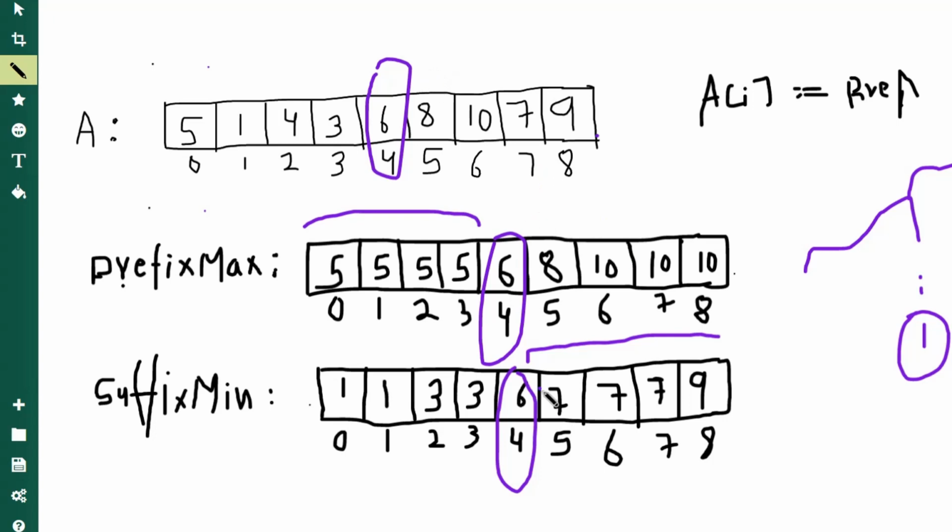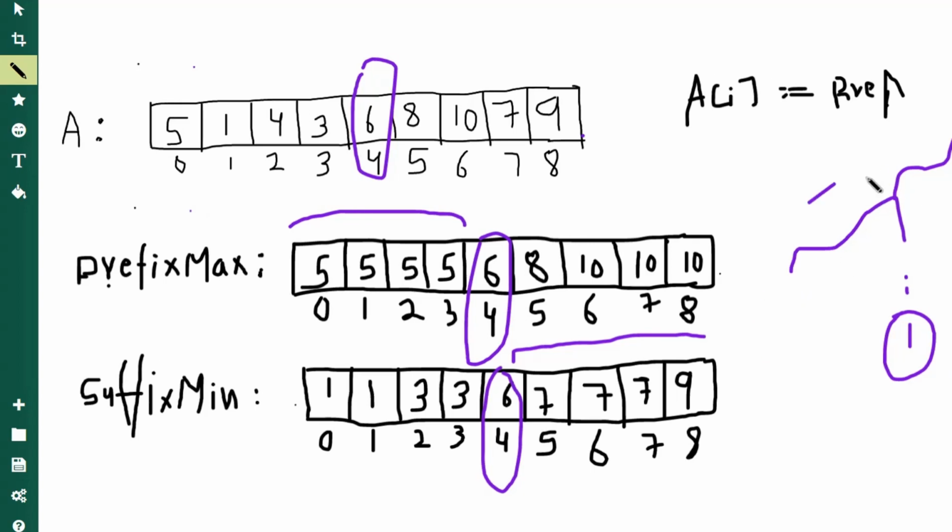Also, if there is a duplicate element after the index I, then suffix I plus 1 is the same as suffix I. So in that case there exists an element after the index I such that the element at ai is not strictly less than the element at some index which exists after ai.